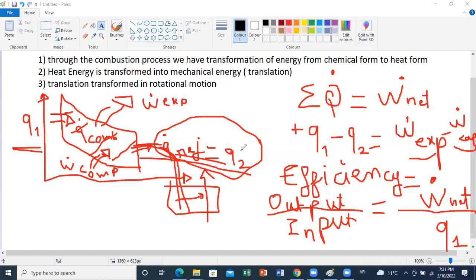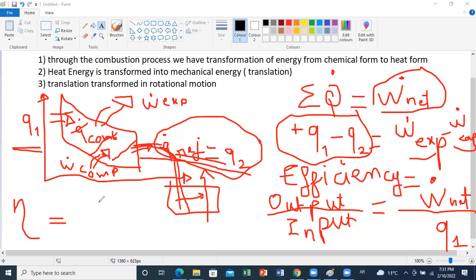So my efficiency, I can symbolize my efficiency like this. The symbol of efficiency is W dot net over Q1. So from my thermodynamic law, what is W dot net? It's Q1 minus Q2.